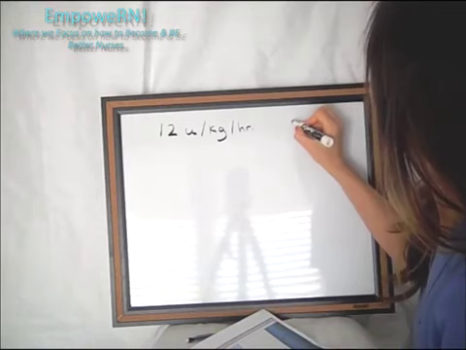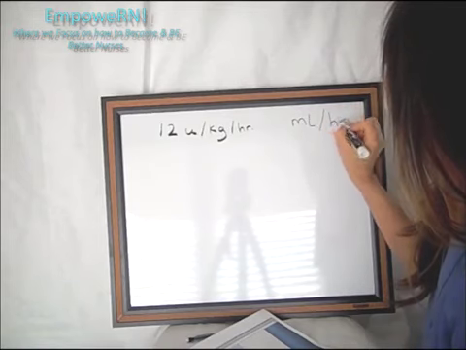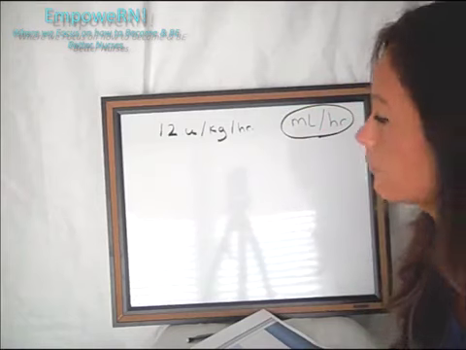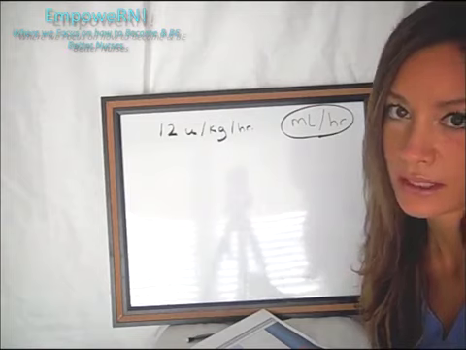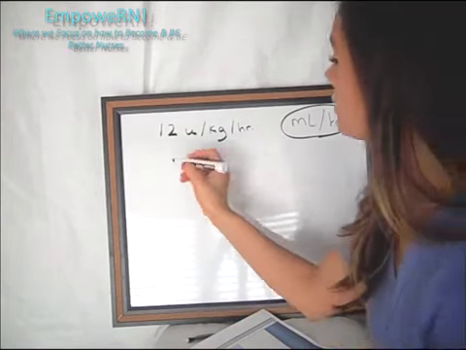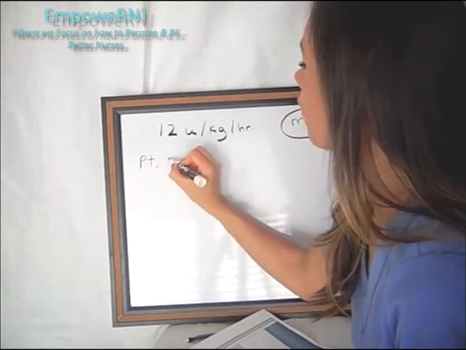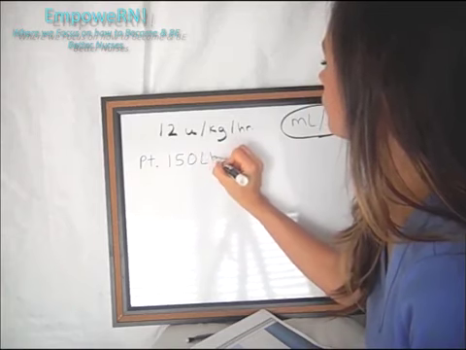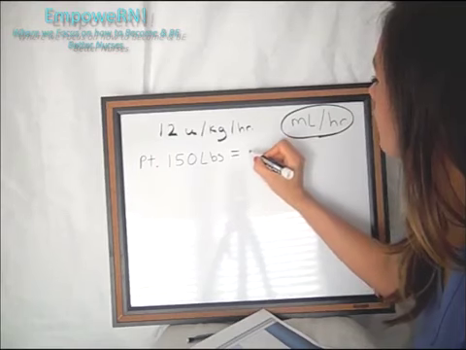So what we want is mLs per hour, and that will be our final answer. What we need to do before we start anything is find out our patient's weight. Now let's say our patient weighs 150 pounds. So we have to figure out how many kilograms.